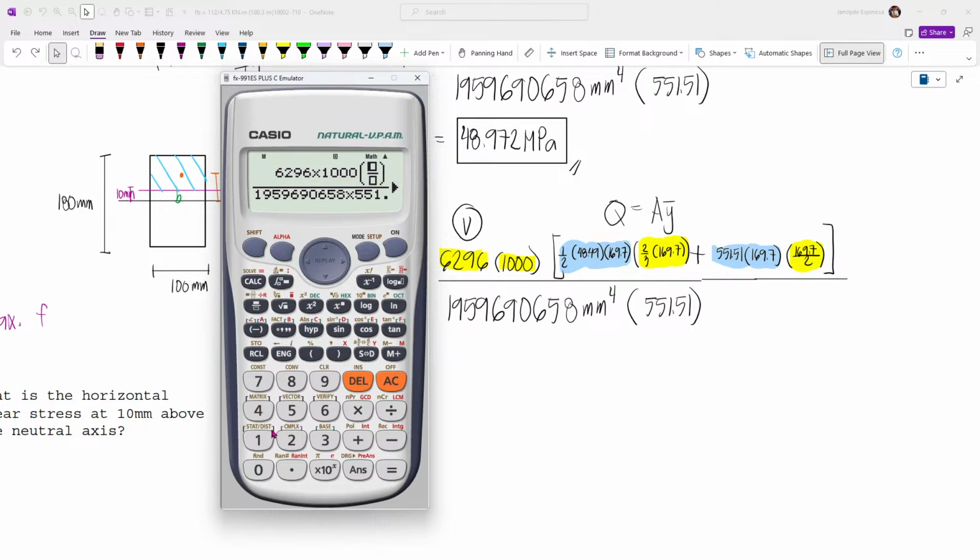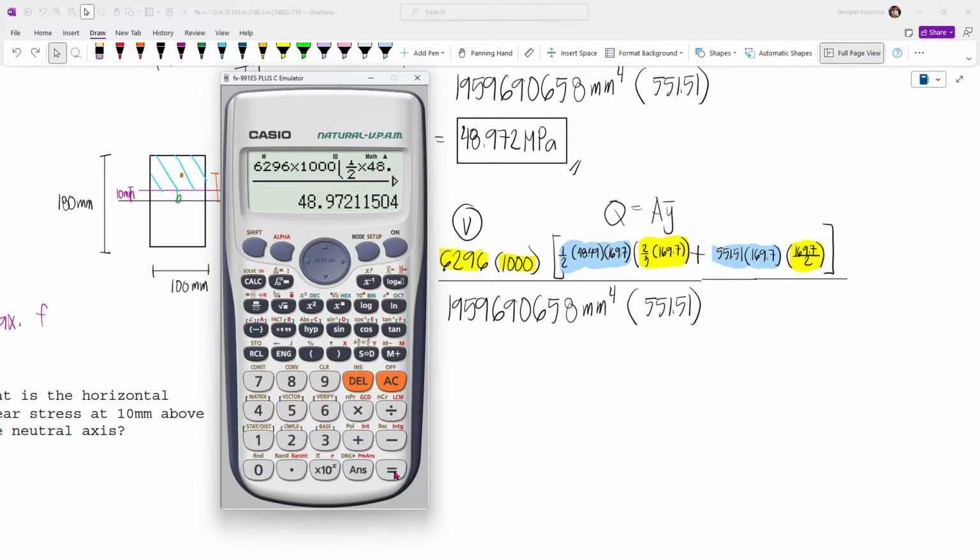So, input 1/2 times 48.49 times 169.7 times 2/3 of 169.7 and then plus 551.51 times 169.7 times 169.7 over 2.